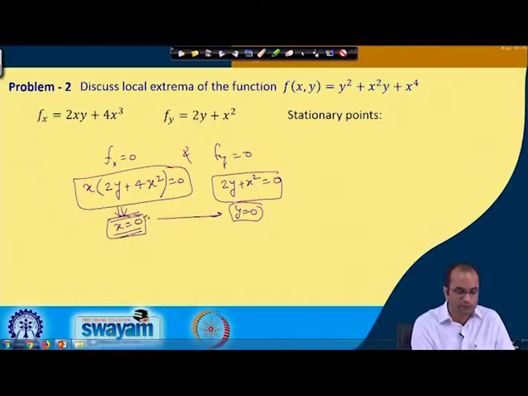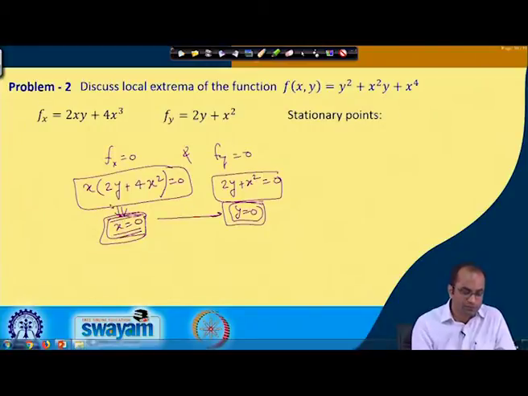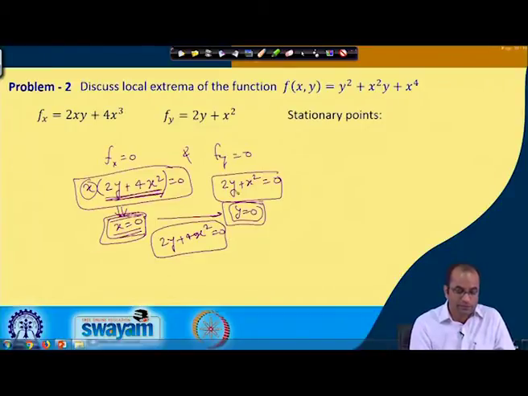So, we got this one point, x equal to 0 and y equal to 0. Now, we have to also look for any other possibility which can make these two terms 0. So, here either x is 0 or the second term is 0, that means 2y plus 4x square is 0, and together with this, 2y plus x square has to be 0.